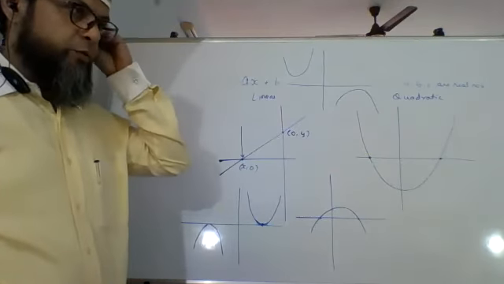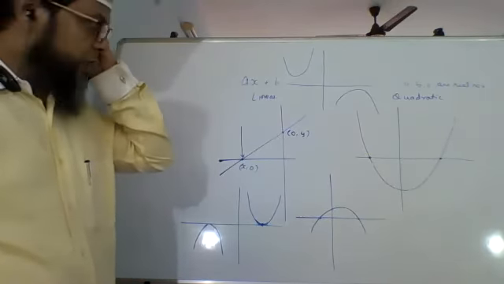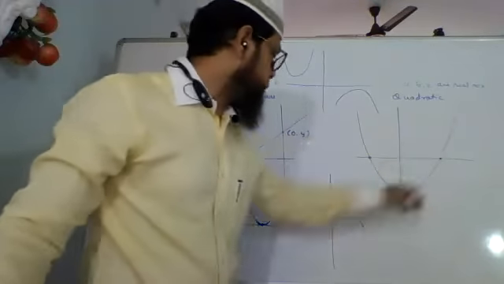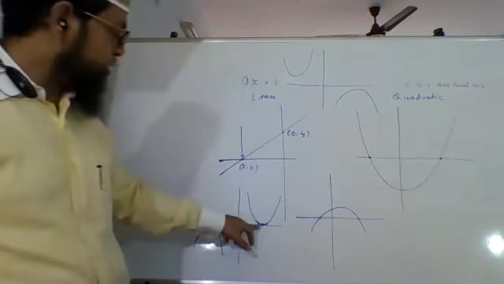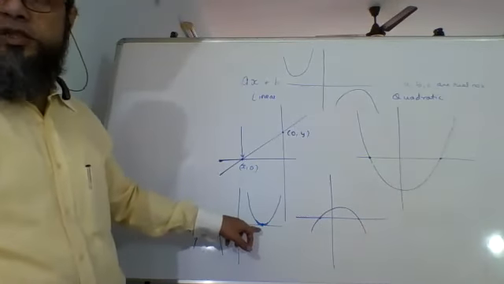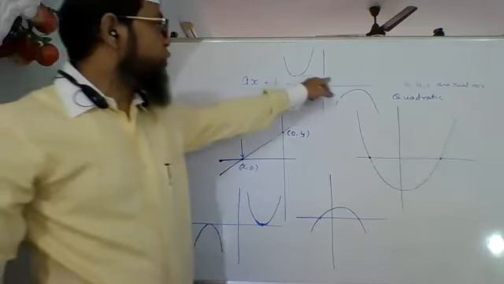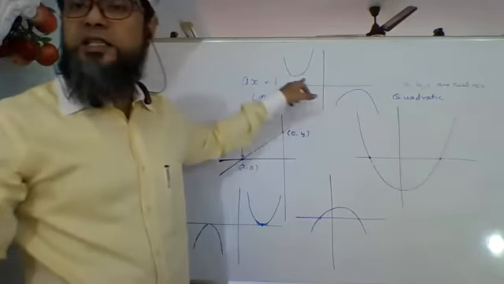So when we solve quadratic equations, we'll see that there are possibilities that you'll have two distinct values, that is two different zeros, or only one zero, or no zeros because it is not cutting the x-axis at all.